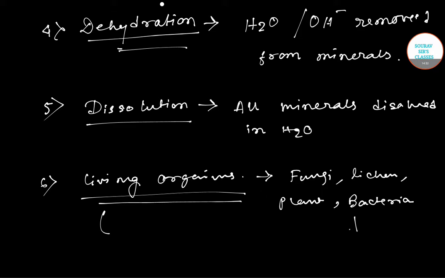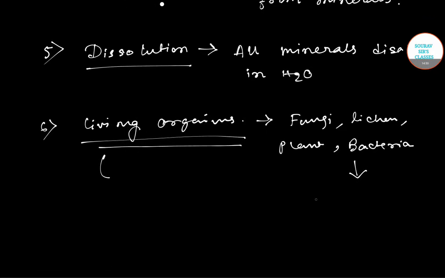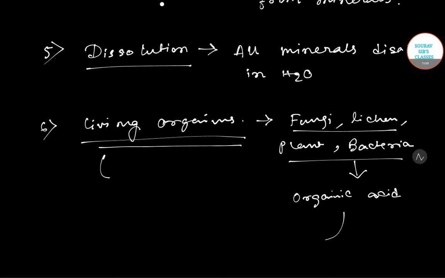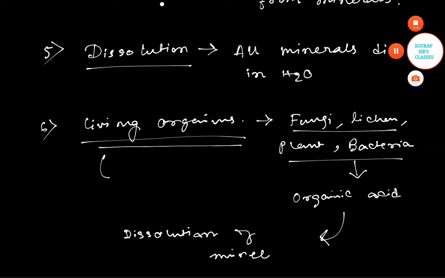What they do is secrete some organic acids. These organic acids secreted by the living organisms can cause dissolution of minerals, and this can cause extraction of nutrients.